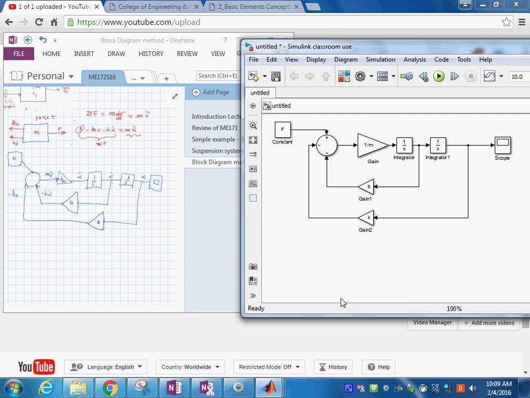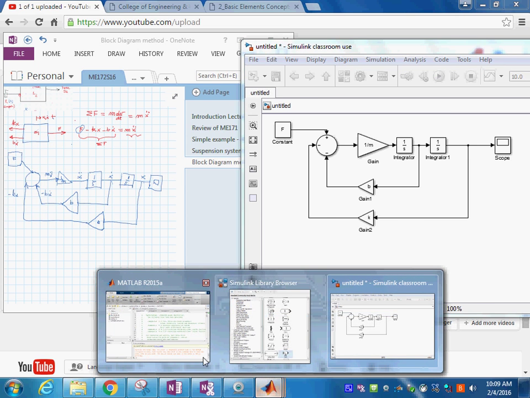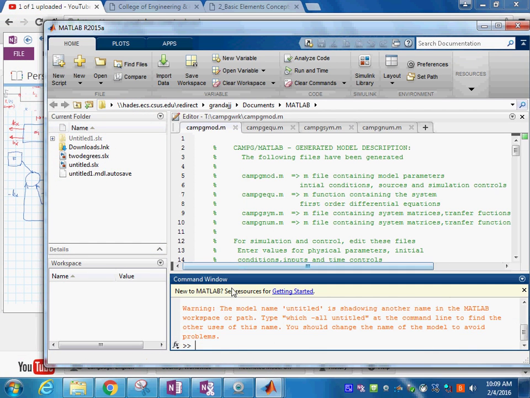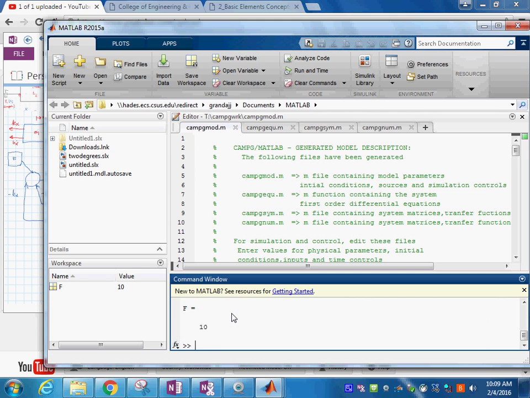So what you need to do in this case is you could enter them as a prompt, like F is equal to 10. How did I have it in there? B is what I have, B is equal to 3.